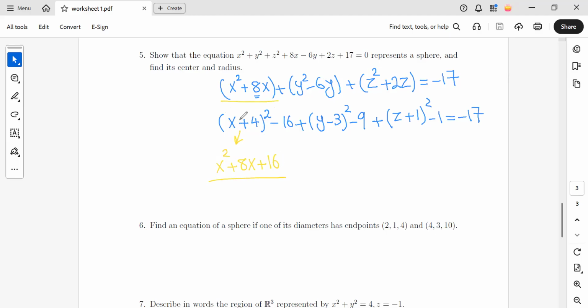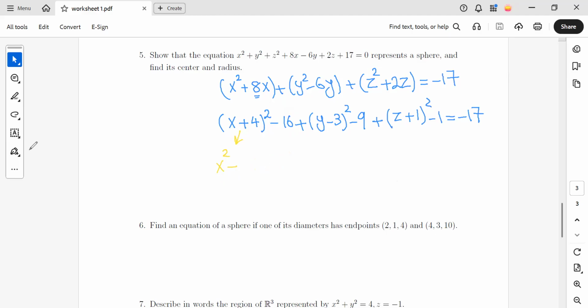Compare this and this. Which part is extra? 16 is extra. So we're going to subtract this number. This is why we always subtract: here, 16 is extra; here, 9 would be extra; and here, 1 would be extra.